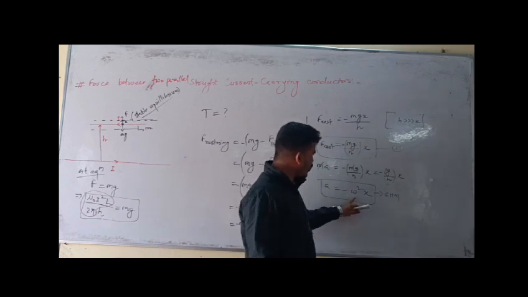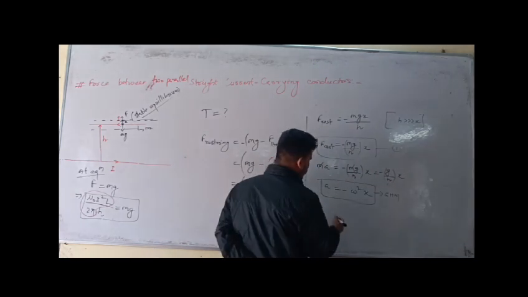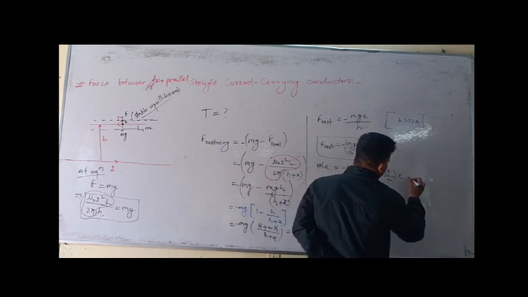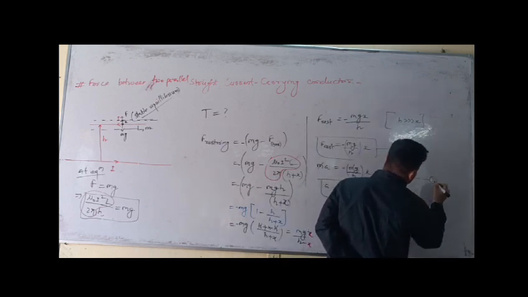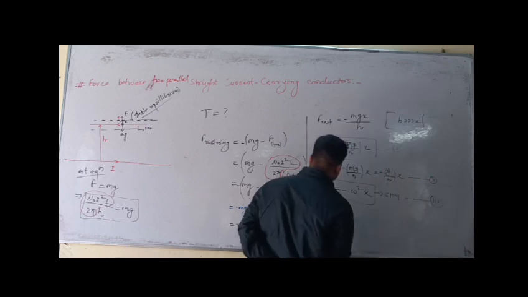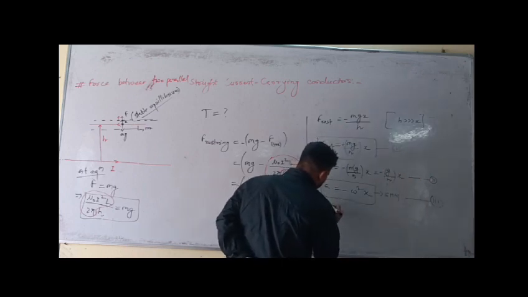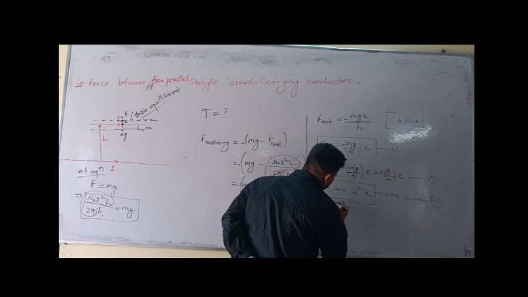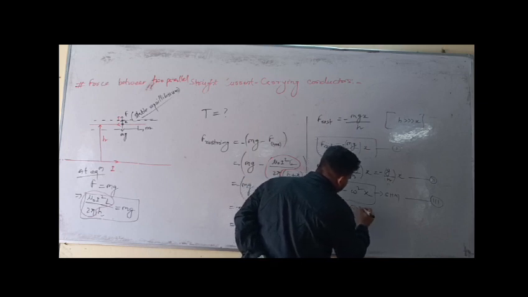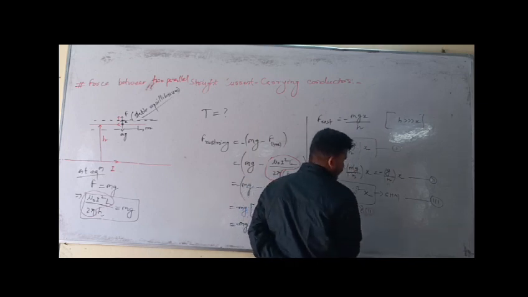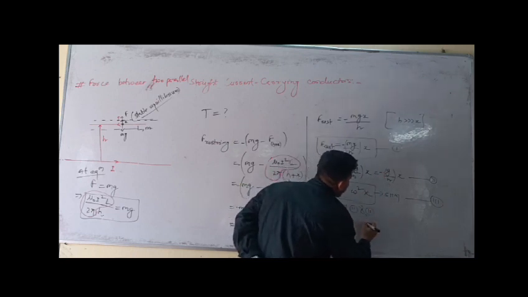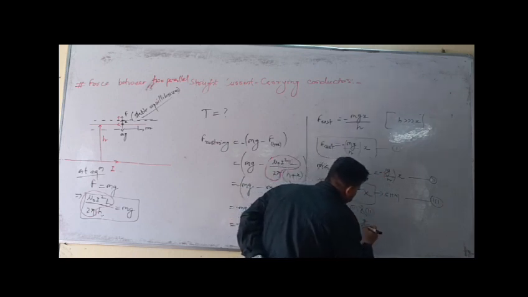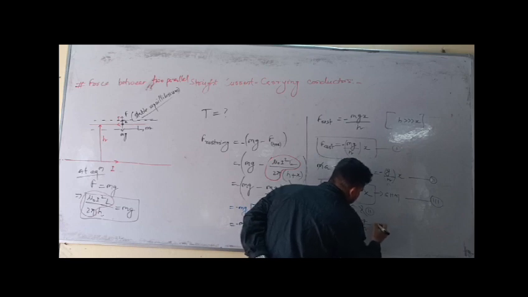In place of omega square, what is there? Comparing equations 2 and 3, omega square equal to g by h. Yes or no? Okay.